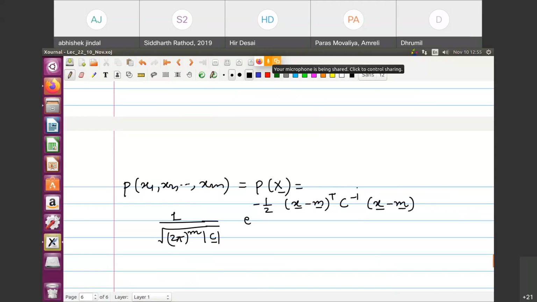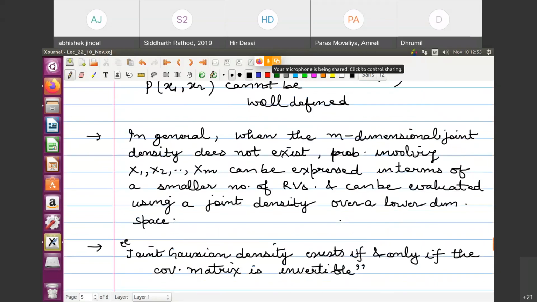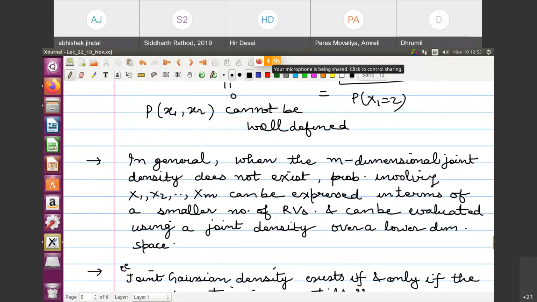So this clearly says that if the covariance matrix of these random variables is invertible, you will have a density. If it is not invertible, then you cannot have a density. If it is not invertible, it means that one or other random variable is dependent on the others, and you can basically remove it if you need to statistically characterize this set of random variables. That is what we have written above.